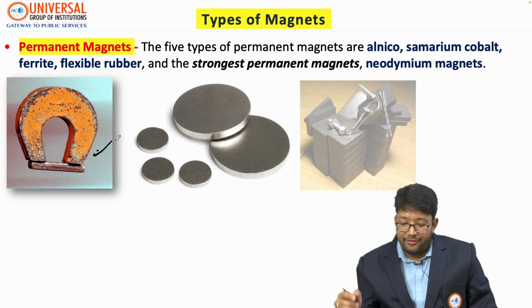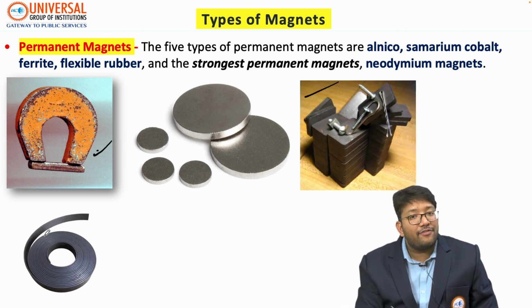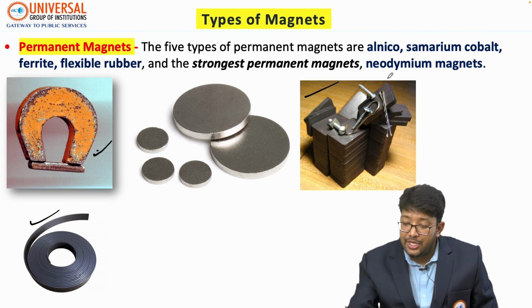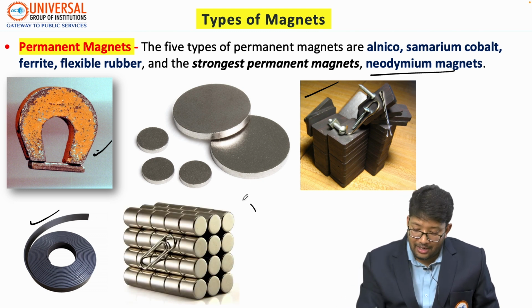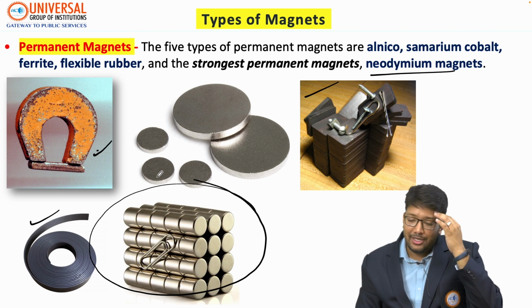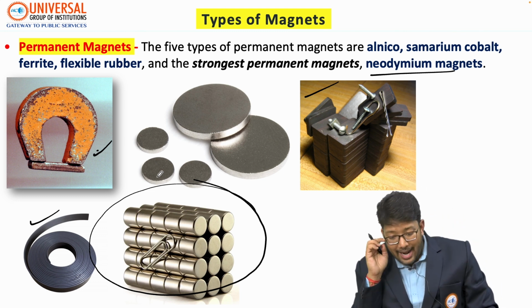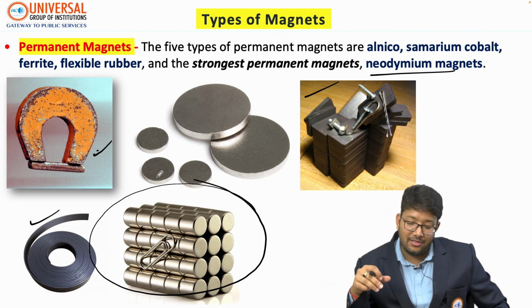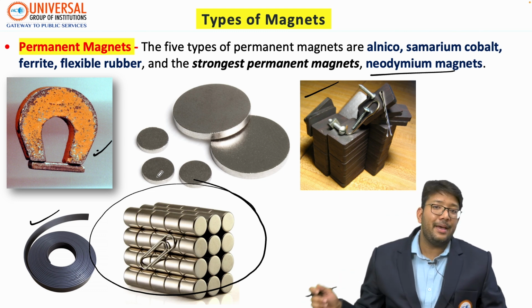Third is ferrite. Fourth is flexible rubber, and the strongest permanent magnet is the neodymium magnet. So these are our neodymium magnets. You have to remember, students, in the examination a question can be asked: which of the following are the strongest permanent magnets? The answer would be neodymium magnets.